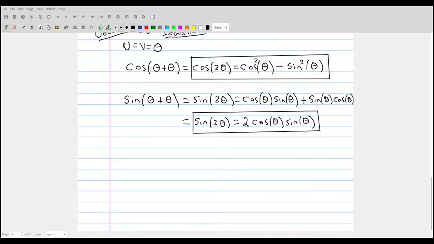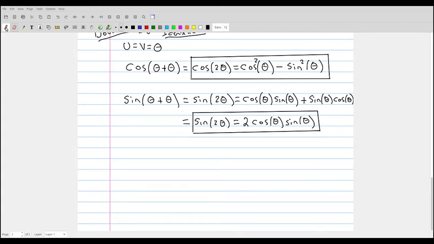Let's take the first double angle identity here, where cosine of 2 theta is cosine squared minus sine squared.